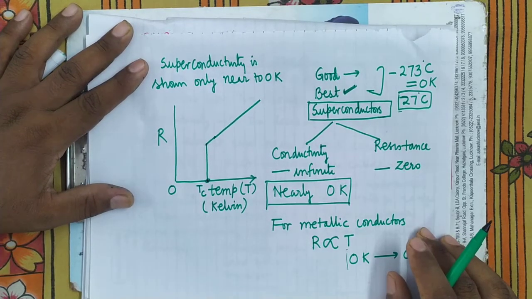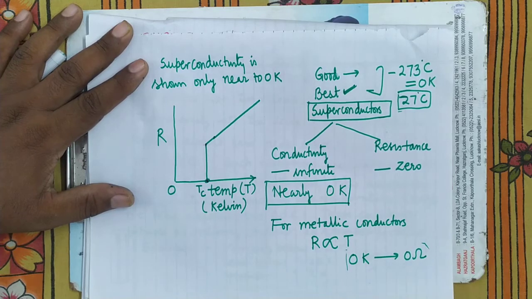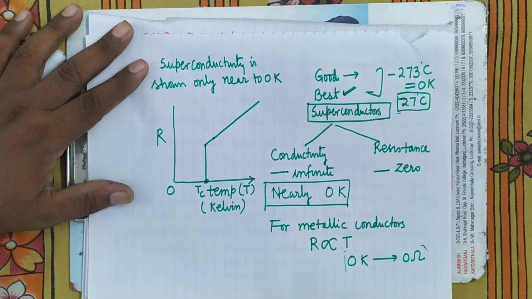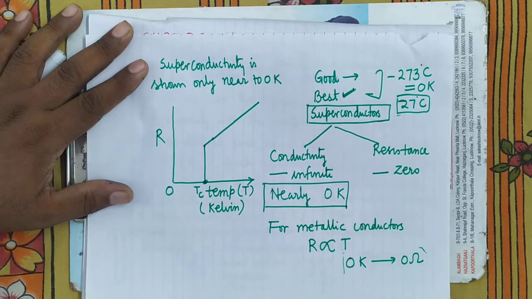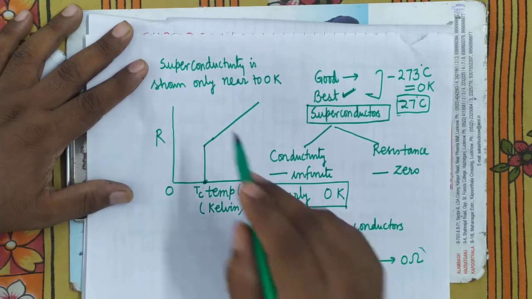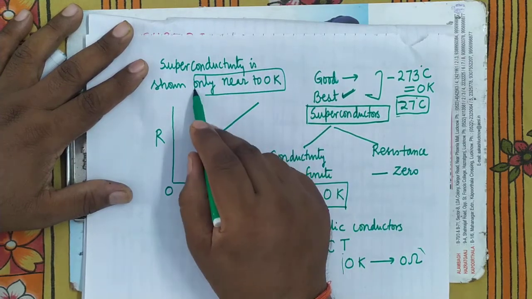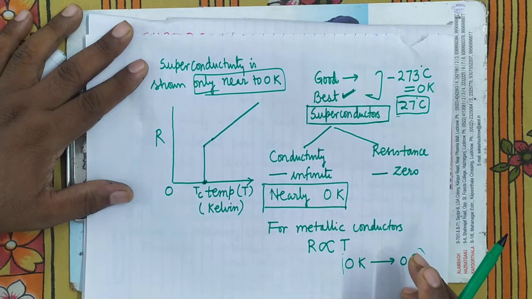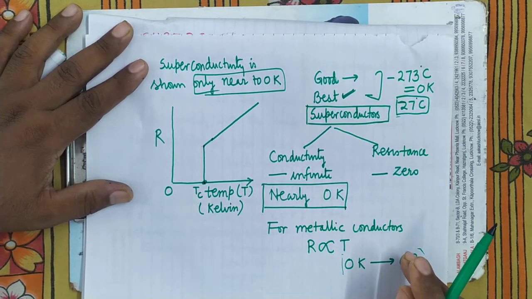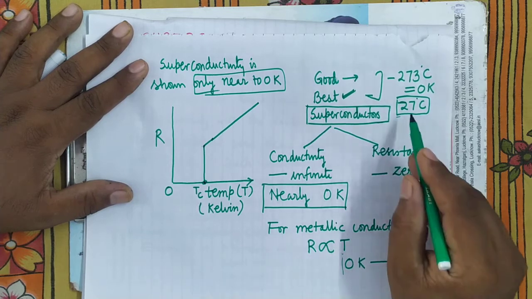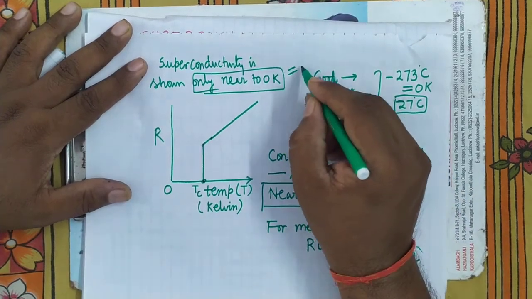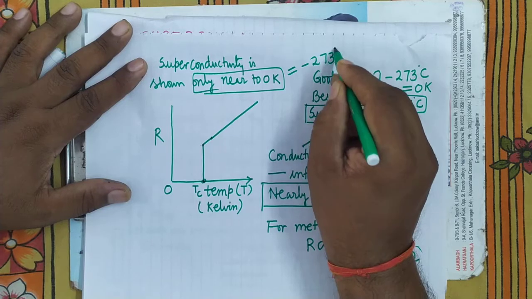It is clear. But all of you remember one thing, that superconductivity, this property is shown only in the 0 Kelvin range temperature. You know that 0 Kelvin is minus 273 degrees Celsius.